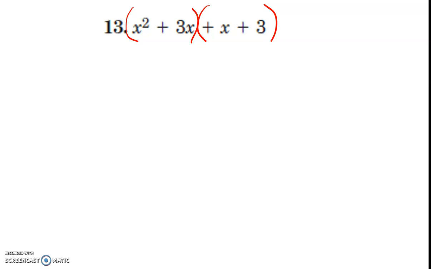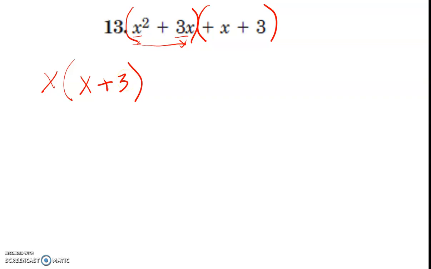I'm looking to see, is there a GCF in the first set of parentheses? There happens to be a common x between these two terms. So I can take that common x out, and when I do that, I'm left with an x plus 3.